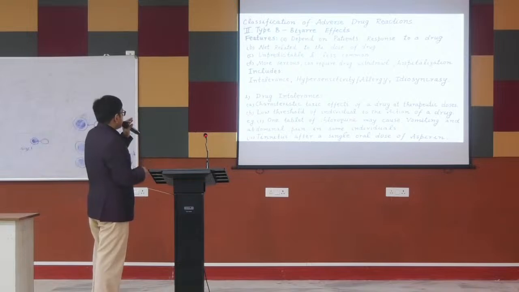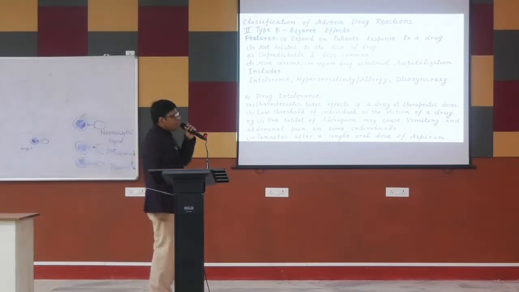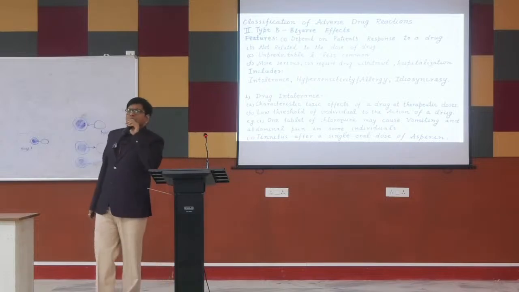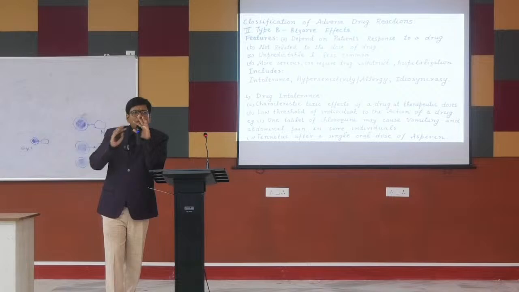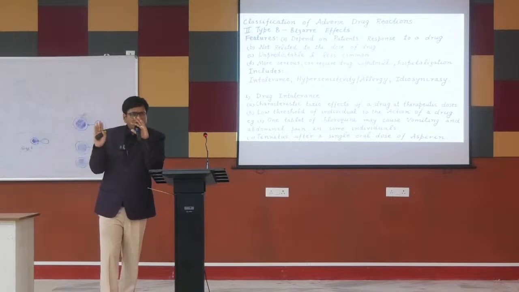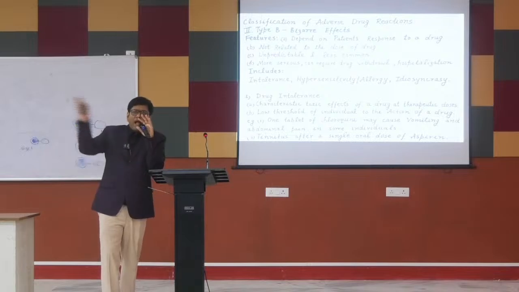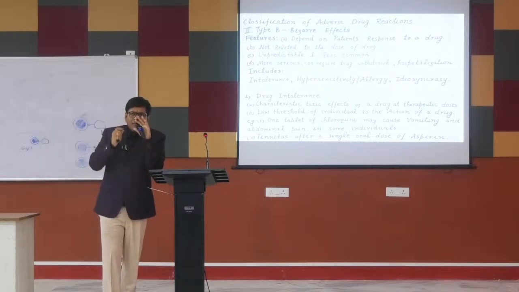They include intolerance, hypersensitivity and idiosyncrasy. Intolerance means, suppose there is a drug for treating diabetes called metformin. May all the diabetic patients take metformin. It is the first line drug, it has to be given and then we do add on. But sometimes there are some patients who cannot take metformin.